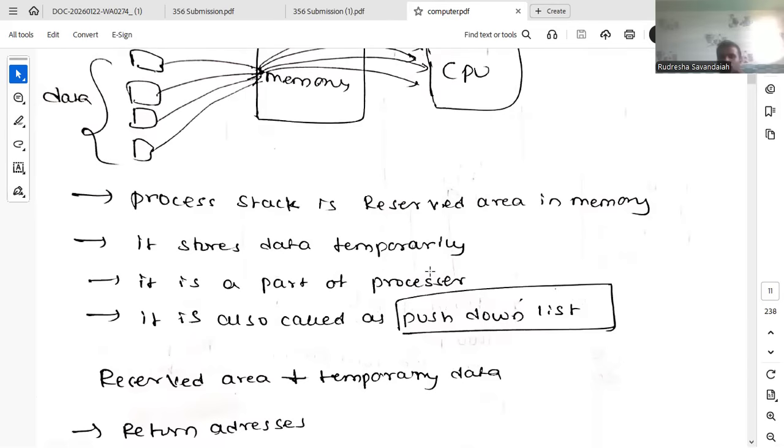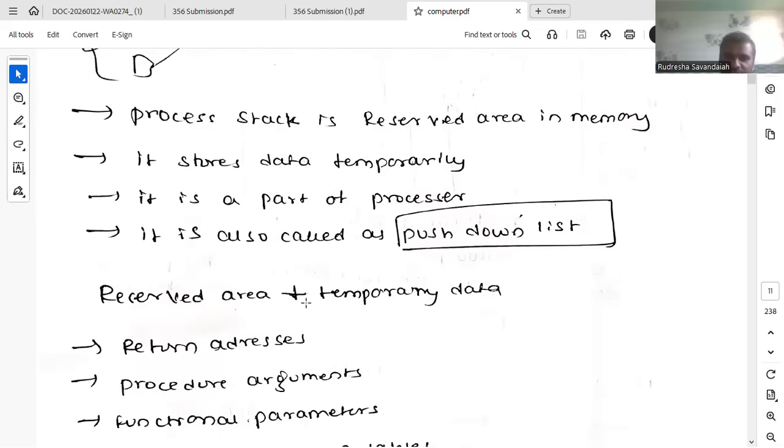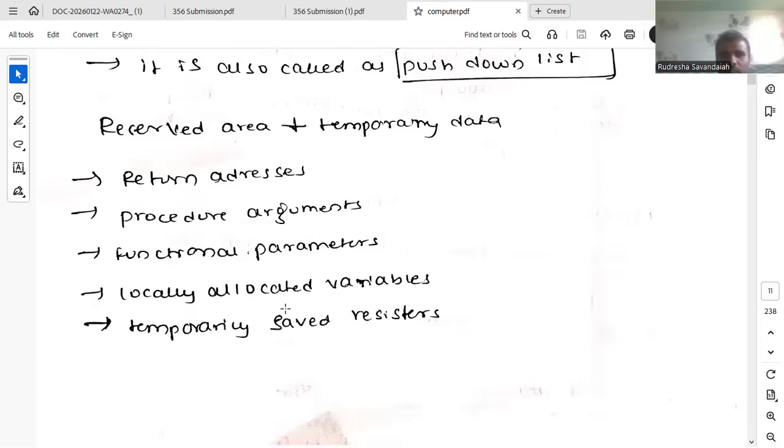It is also called a push down list. A reserved area for temporary data: return addresses, procedure arguments, function parameters, locally allocated variables, temporary saved registers.